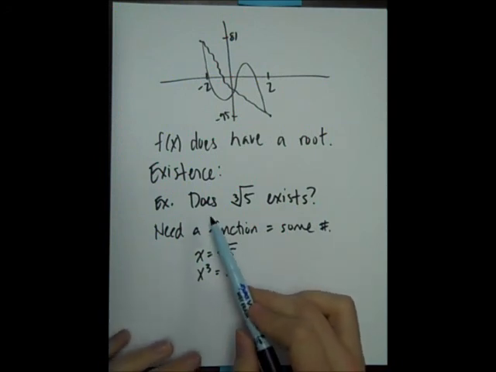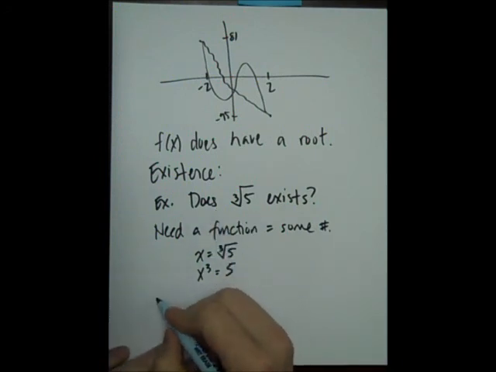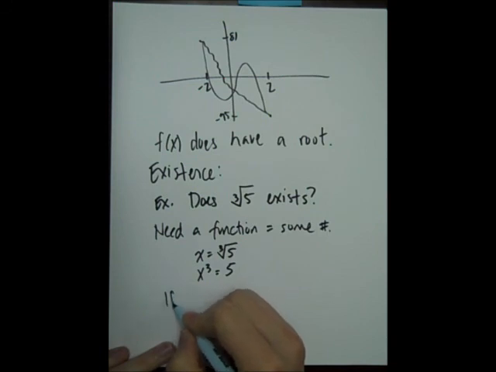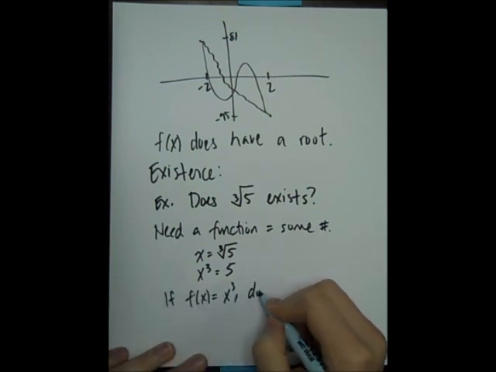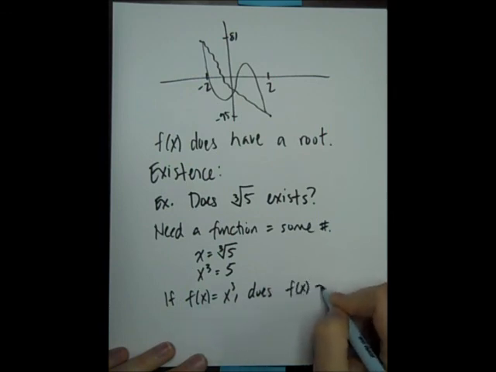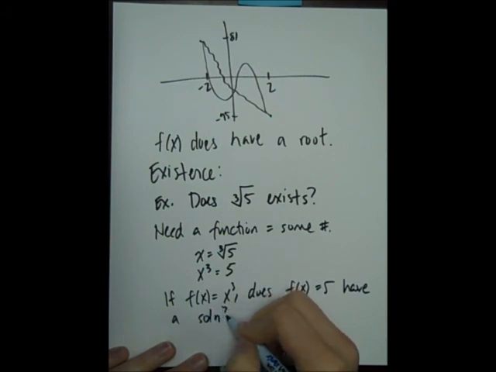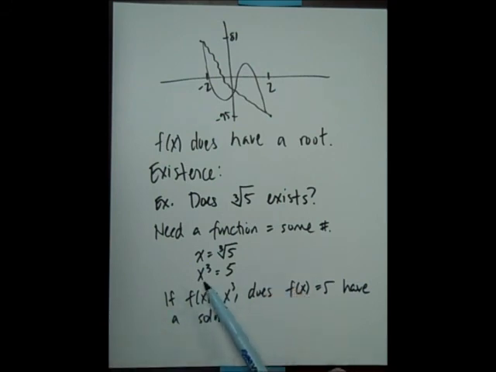So asking the question, does the cube root of 5 exist, is the same question as if f of x equals x cubed, does f of x equal to 5 have a solution? If I can find some x value where x cubed equals 5, then I've found a solution, and that means that the cube root of 5 does exist.